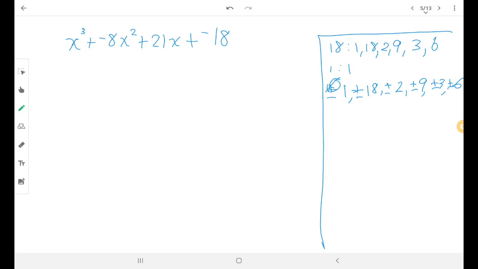And so let's call this g of x because it's a new function. Let's see what happens if I plug in negative 1 for this.